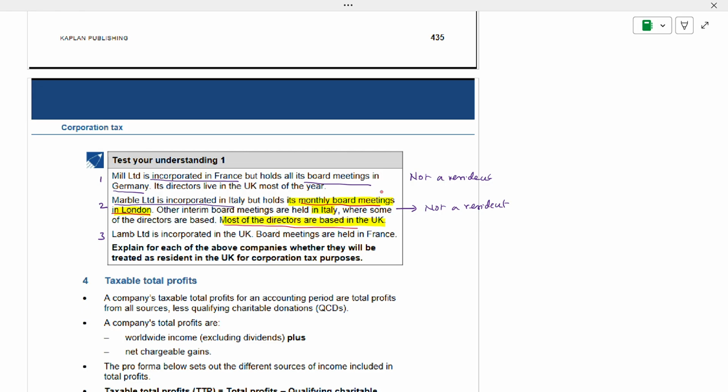Monthly board meetings are in the UK, and most of the directors are in the UK. Interim board meetings, nobody will care. The majority of the directors are in the UK, sir. Then resident, sir. Be a little bit careful.